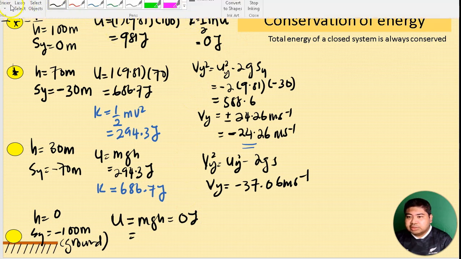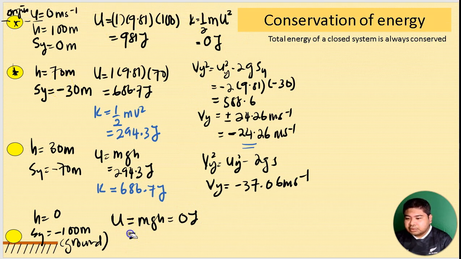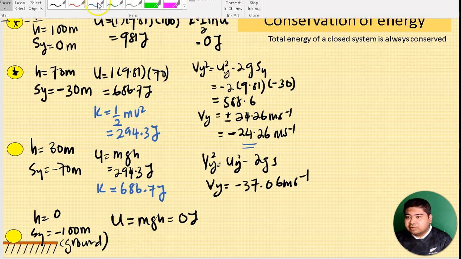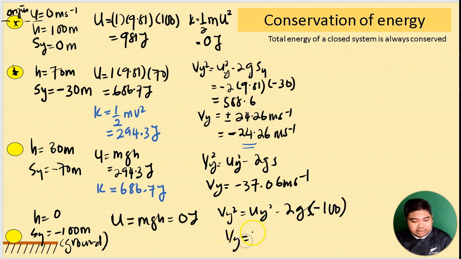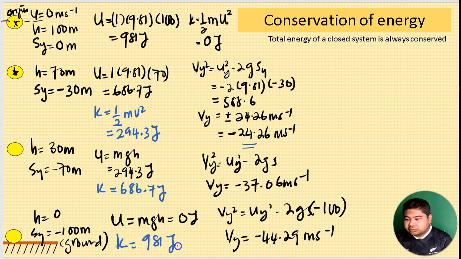But when you calculate the kinetic energy, we need to calculate the velocity first. So Vy squared equals Uy squared minus 2gs, where s is negative 100. So Vy, you are going to get negative 44.29 meters per second. So the kinetic energy of the ball on the ground is equal to 981 joules. Okay.